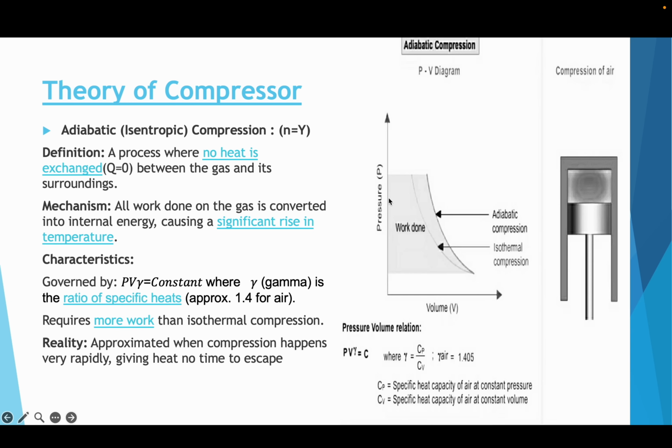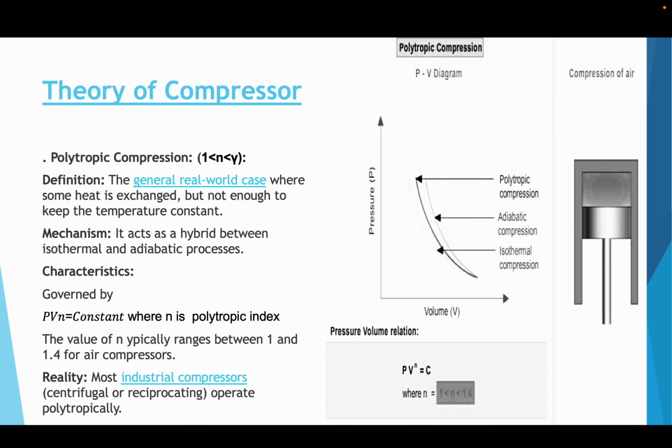Now what we want to follow is a graph in between isothermal and adiabatic, which we call polytropic compression. So what is polytropic compression? Polytropic compression is a compression cycle in which the heat removed during the compression is partial, but not at the same rate as it is produced.